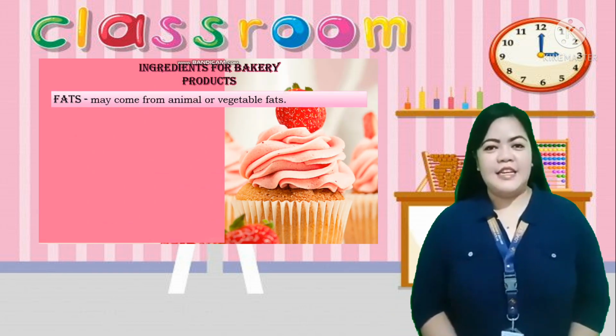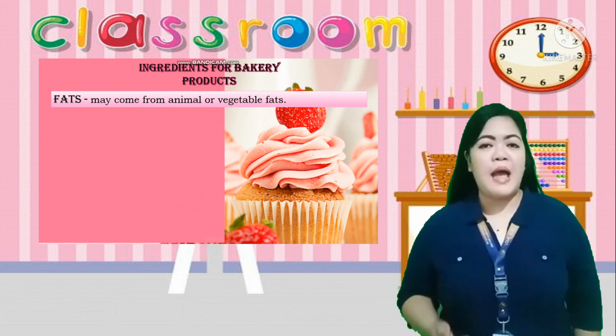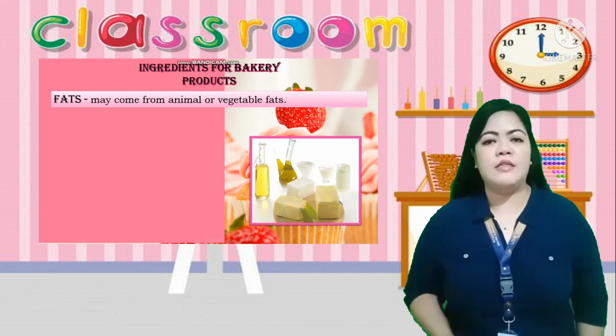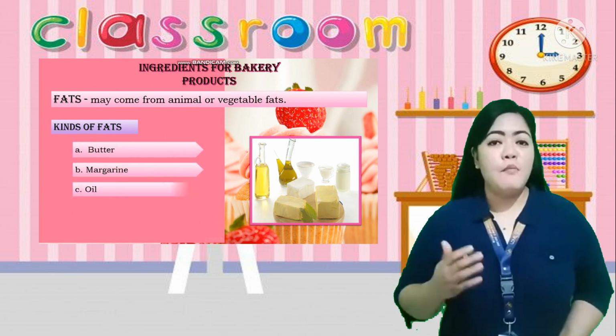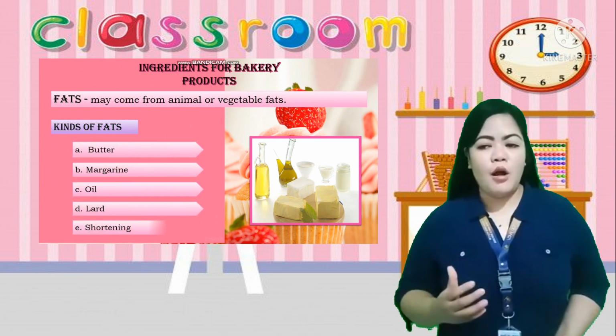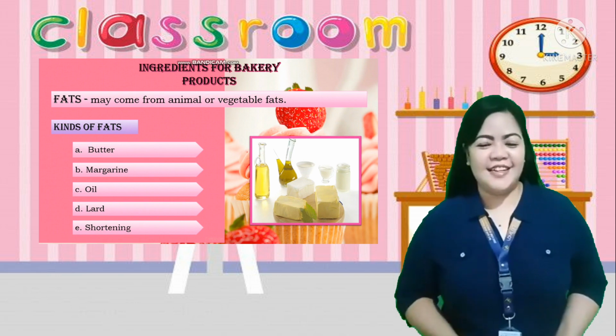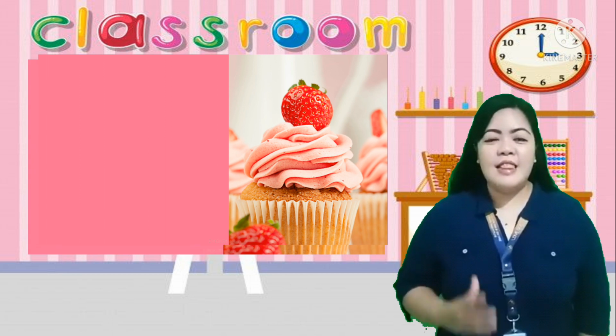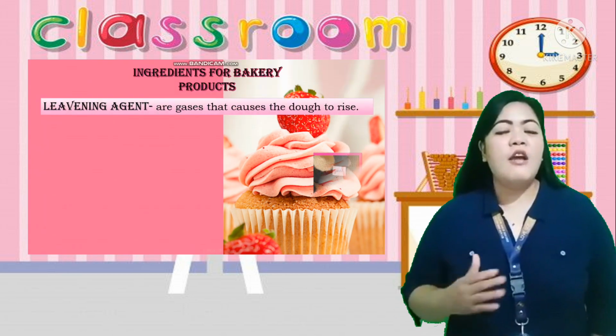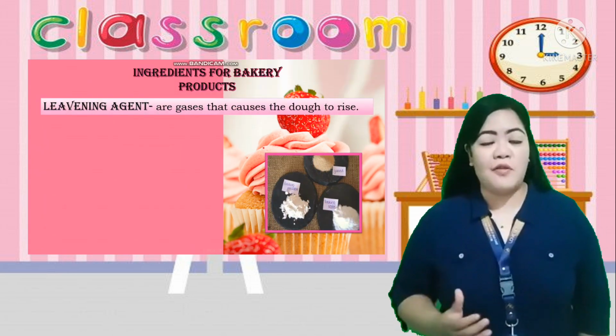Then, fats. Fats may come from animal or vegetable oils. The different kinds of fats are butter, margarine, oil, lard, and shortening. The fifth one is leavening agent. They are gases that cause the dough to rise.